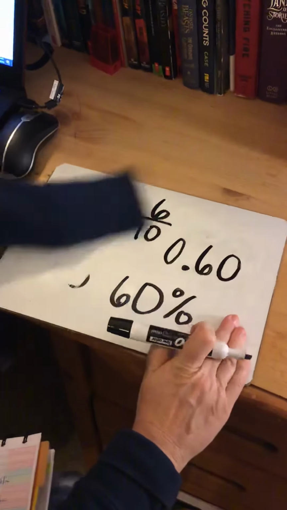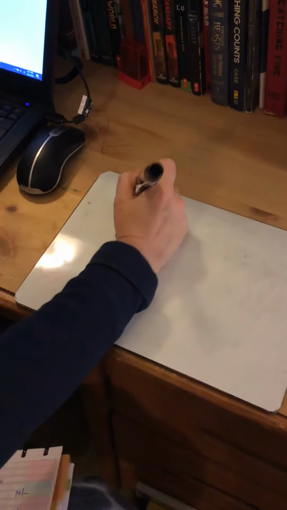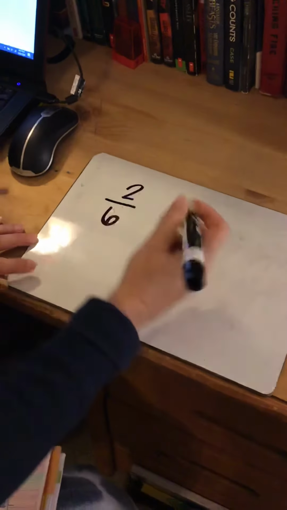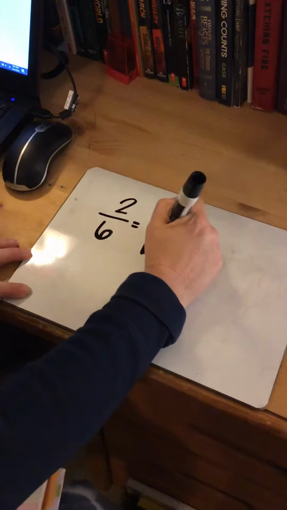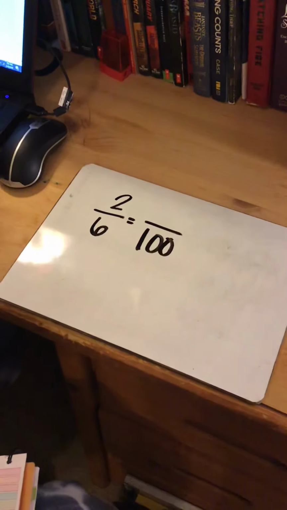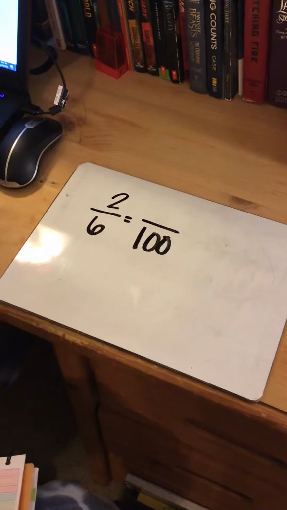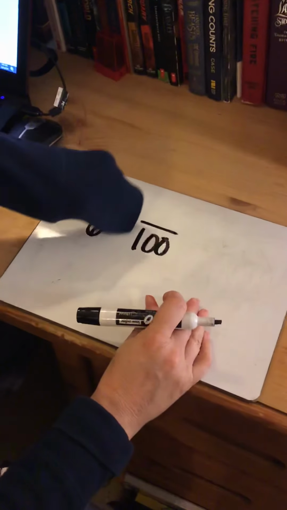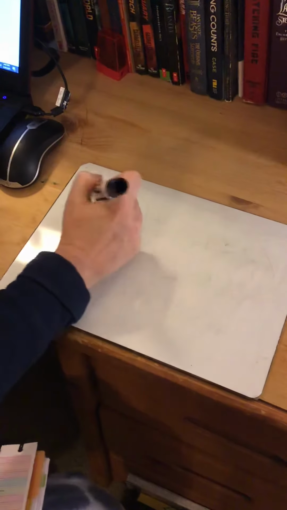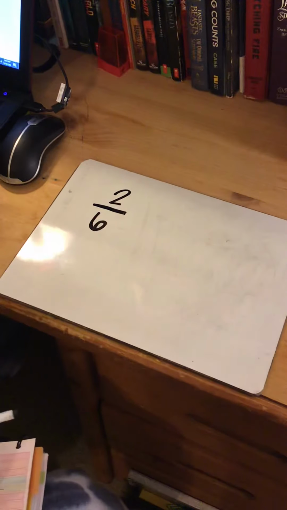Okay, now we need to know what to do if you have a fraction that is not equivalent to a tenth or a hundredth. So let's say we have 2/6. Well, if 6 can't go into 100 evenly without having a decimal left over, then we have to remember that 2 out of 6 is actually a division sign as well.